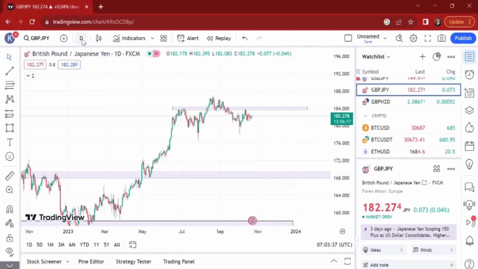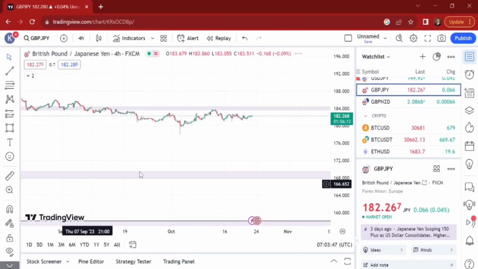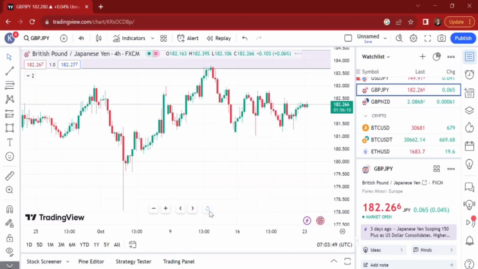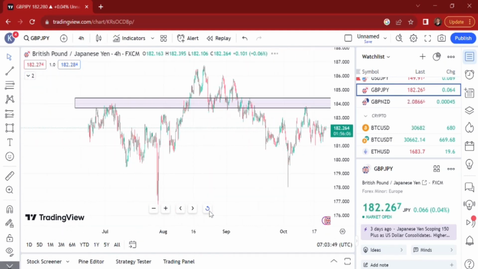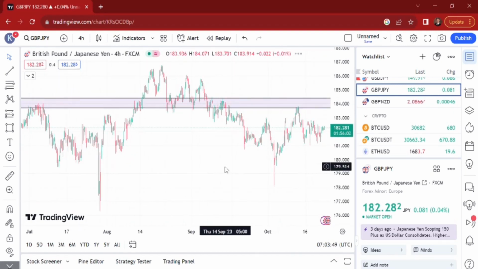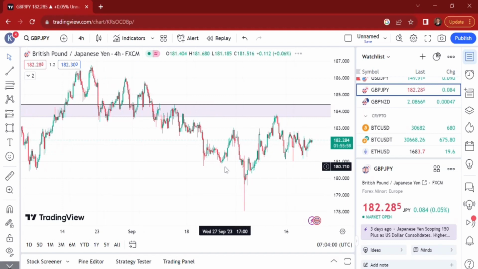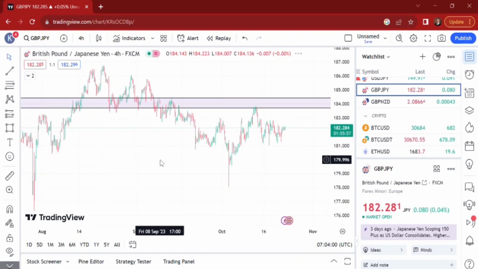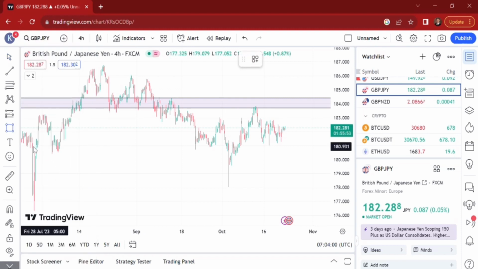So what next? We go to a lower time frame as well, like the 4 hours. Boom. On to the 4 hours time frame. Let's go. So we can see our chart now. We could see everything. Then let's see if we could identify another support and resistance zone from the 4 hours. There we go. Yeah, there is. You can still see price has some touches over here, this one here.